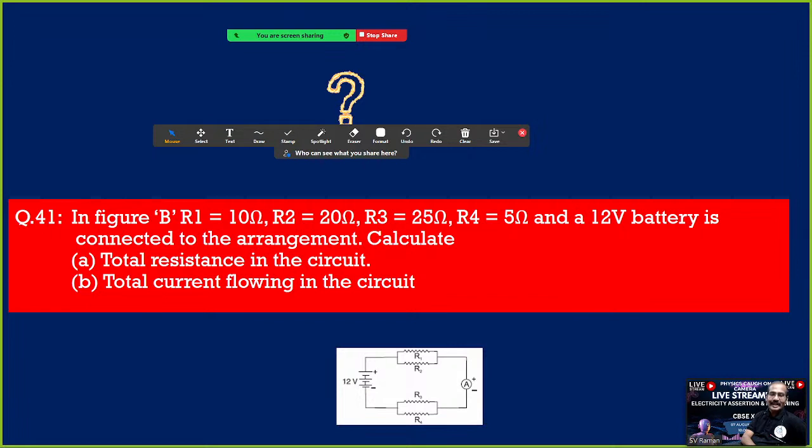R1 is equal to 10 ohms, R2 is equal to 20 ohms, R3 is equal to 25 ohms, R4 is equal to 5 ohms, and a 12 volts battery is connected to the arrangement. Calculate total resistance in the circuit and total current flowing in the circuit.